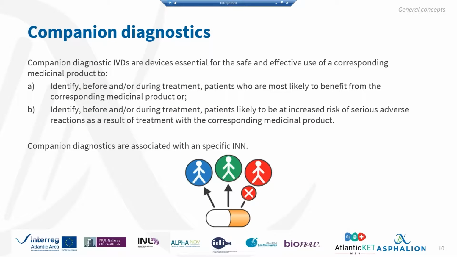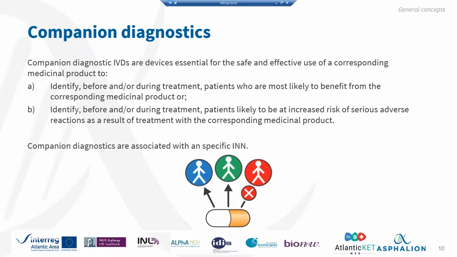Within the group of IVDs, we have one subcategory that is also important, which are companion diagnostics. So what are companion diagnostics? Companion diagnostics are IVDs that are essential for the safe and effective use of a corresponding medicinal product. What they do is they identify, either before or during treatment, the patients that are most likely to benefit or are at higher risk.